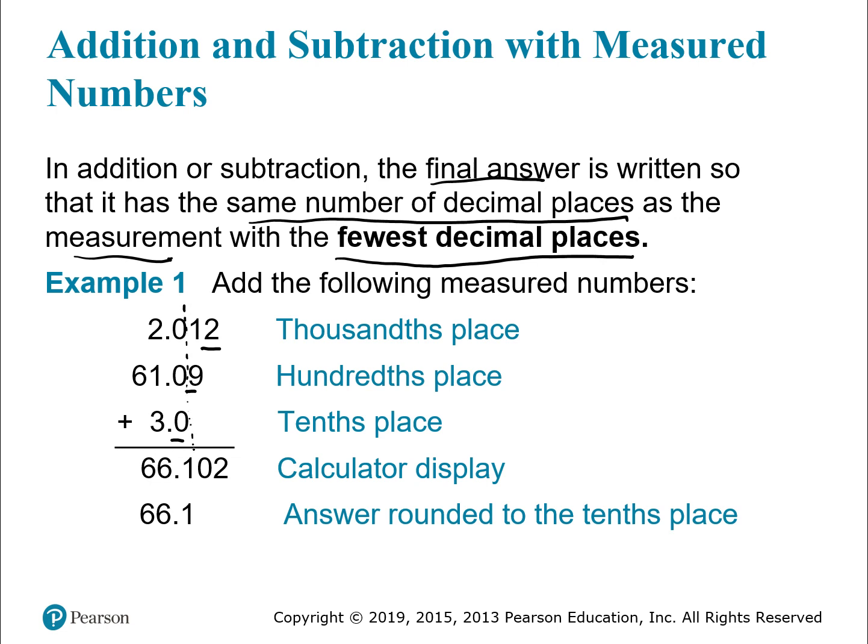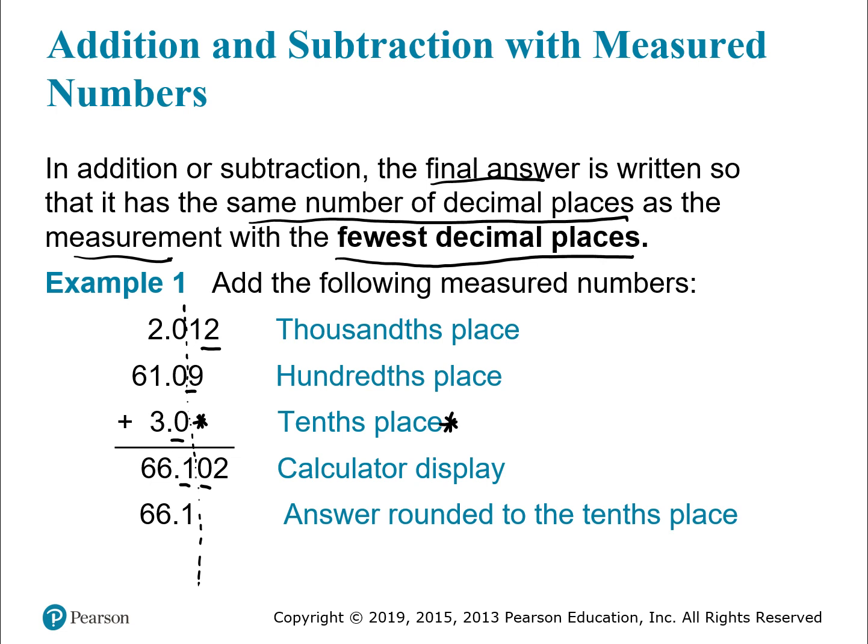And then I draw a line, just a dotted line, that shows me where my last retained digit is and where I'm looking to round. So we can only report up to the tenth place because that's the measurement that has the fewest decimal places. Okay, we only have up to the tenth place.